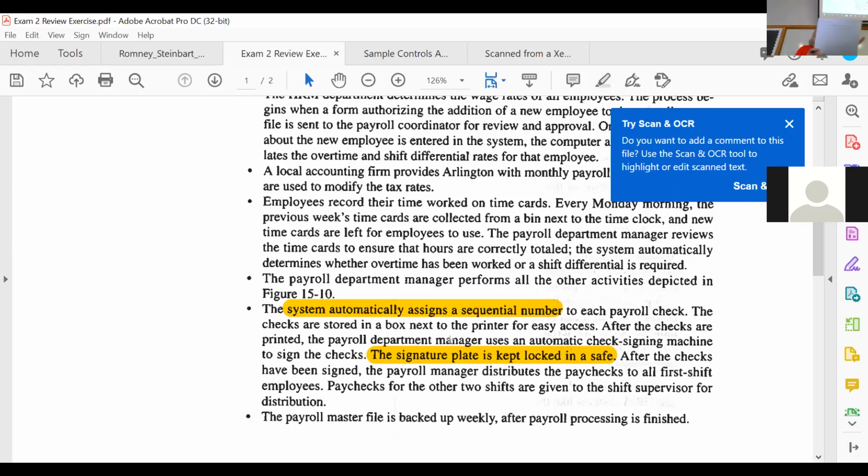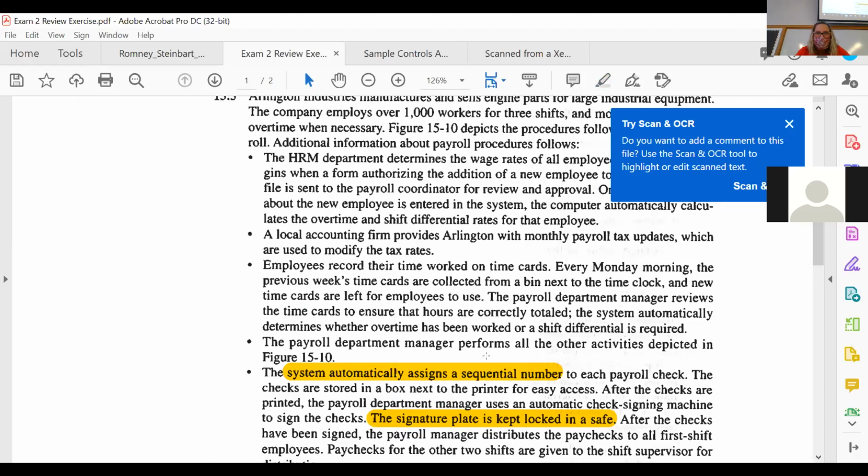You're going to have examples of the control procedures on this document that I just uploaded. Let me share a different screen.